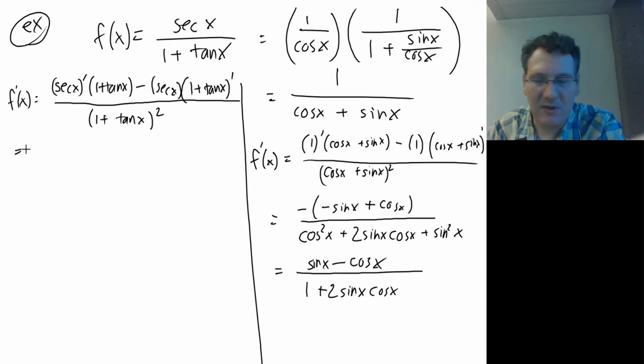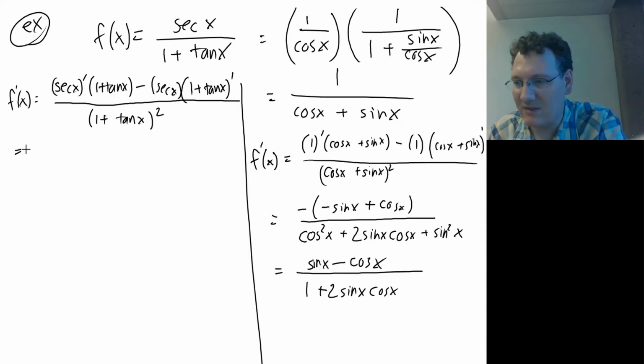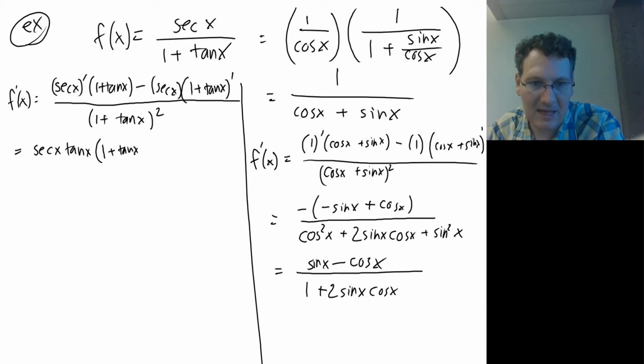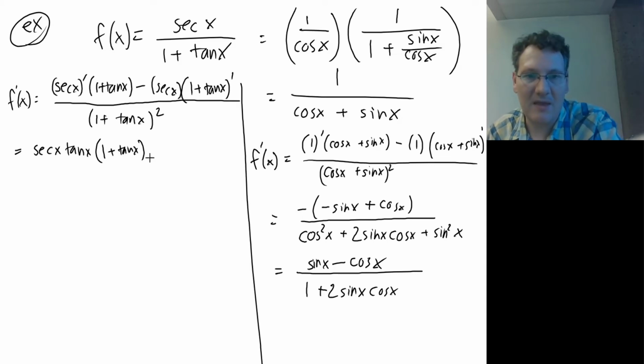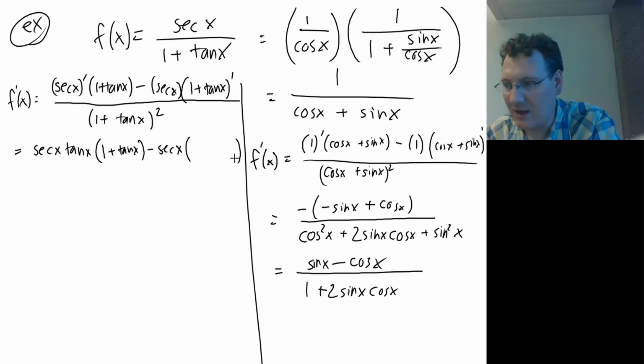So following the rules from before, the derivative of a secant is secant x tan x, all of that times 1 plus tan x. Then I'm going to subtract secant x times the derivative of 1 plus tangent of x.